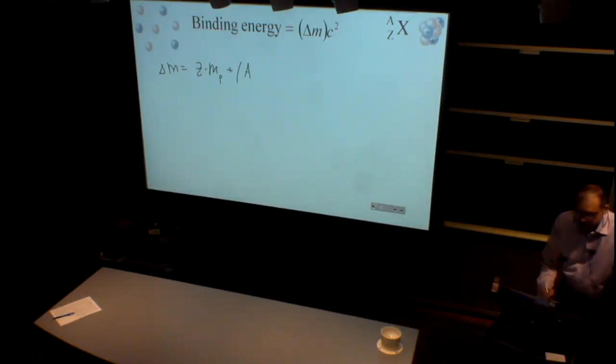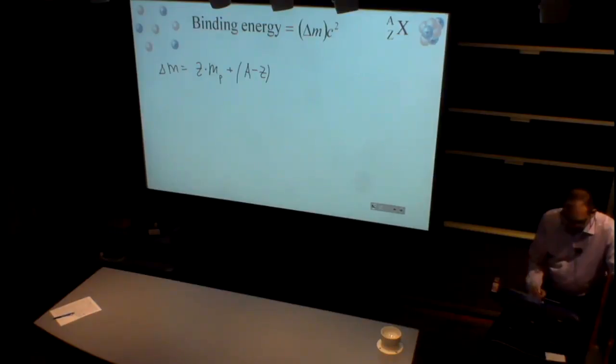Well, if we know the atomic mass number, we have to subtract the number of protons. That will be the number of neutrons, and we have to multiply by the mass of a single neutron. Now we have to subtract the mass of a nucleus, but it is equal to the atomic mass minus how many electron masses should we subtract? Z, the same number as the number of protons.